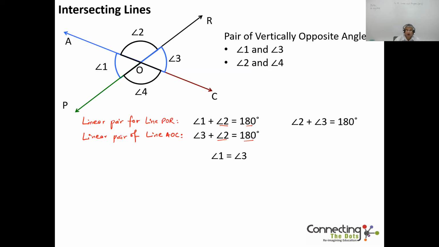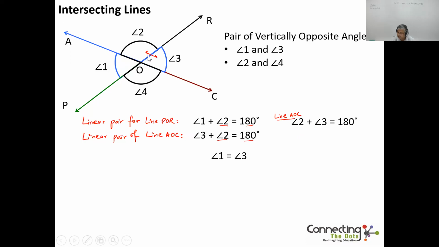Now let's take another pair. For line POR, we had taken 1 and 2 the first time. Now we will take 2 and 3 for line AOC, the linear pair for line AOC.